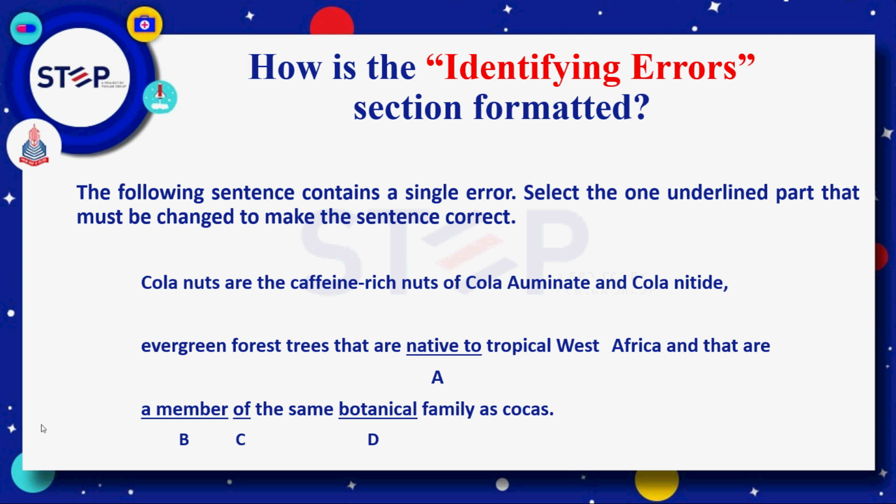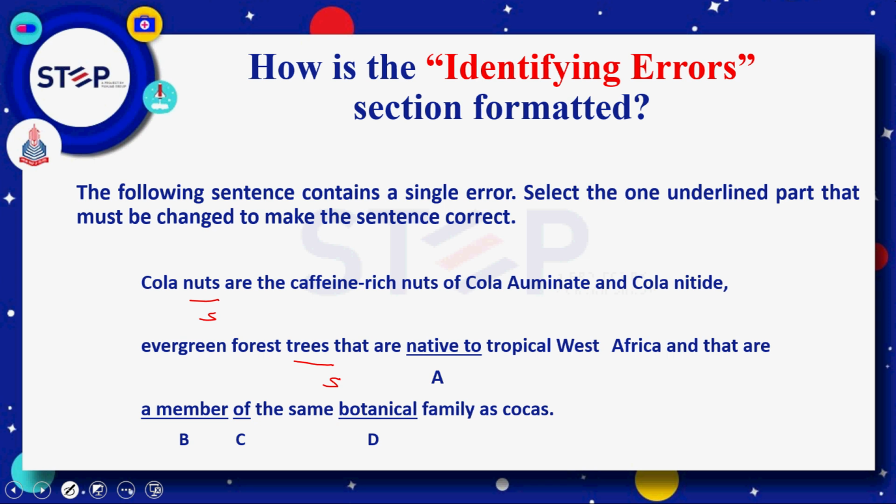Cola nuts are the caffeine-rich nuts. So over here we have a subject which is nuts, of cola acuminata and cola nitida, evergreen forest trees. Over here there is a shift of the subject to trees that are native to tropical West Africa, and that is further carrying trees as a subject. The trees is a plural subject that are native to tropical West Africa and that are member.